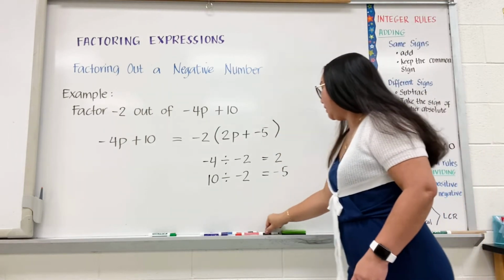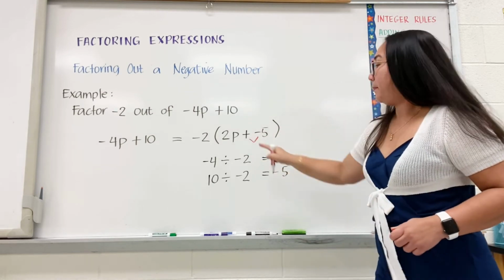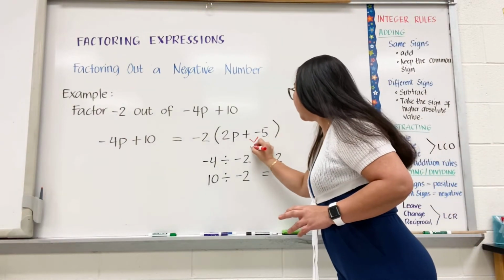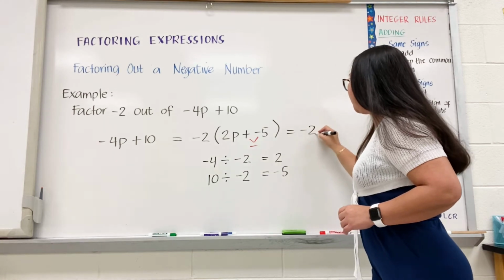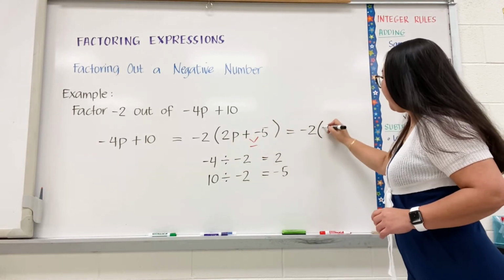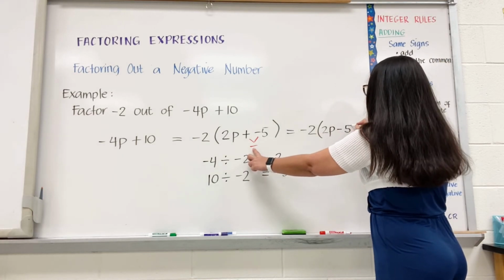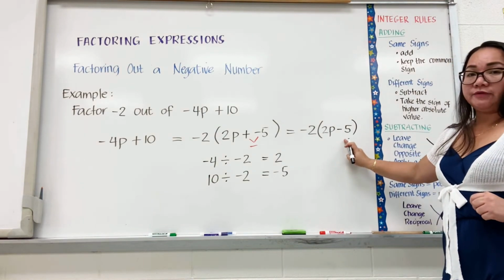Now you notice that there is a double operation. Positive and negative, so different signs will turn into subtraction. So rewrite your answer again. That is -2, and then 2p. Write the minus sign. So that is -2 times 2p minus 5.